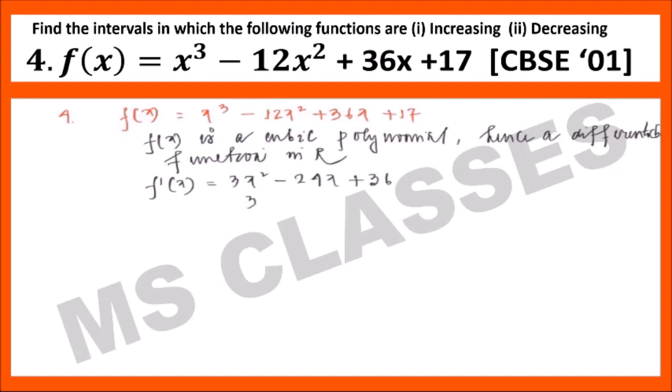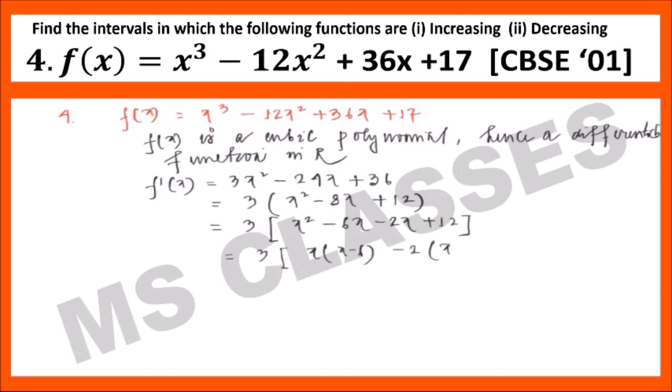We take 3 common. x squared minus 8x plus 12. We further simplify: x squared minus 6x minus 2x plus 12. Now 3 into x into (x minus 6) minus 2 into (x minus 6).